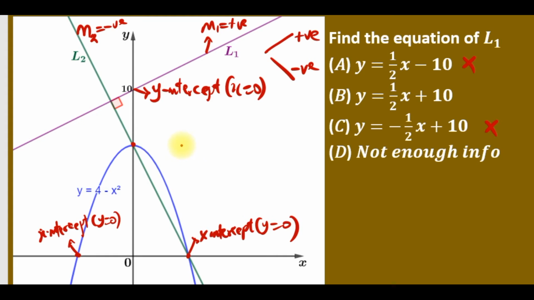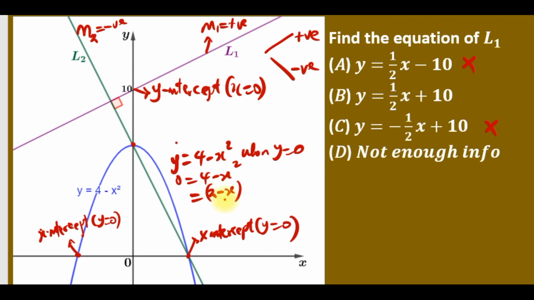So we have y equal to 4 minus x squared, substituting y as 0. When y is 0, let's get the values of x. 0 equals 4 minus x squared, which is a difference of two squares. 4 is 2 squared, so 2 minus x times 2 plus x. The product of two numbers to be 0 means one of them must be 0.